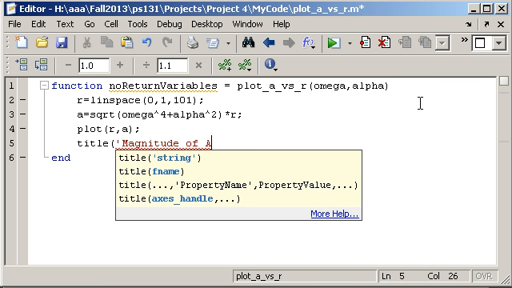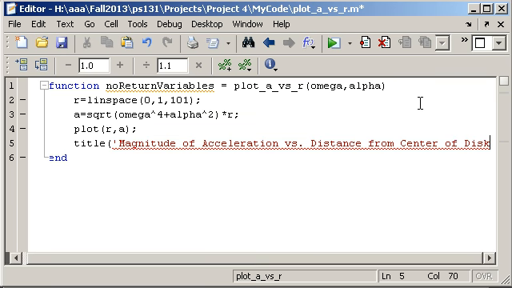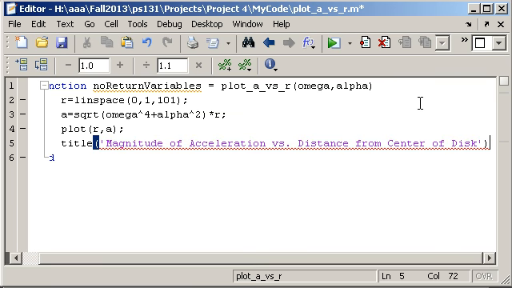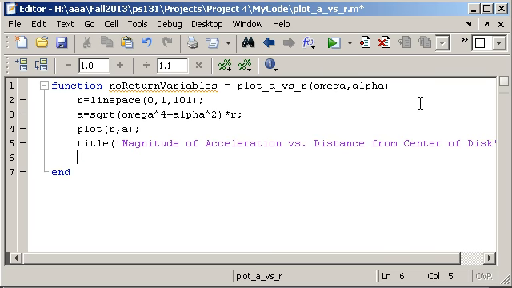I just call it magnitude of acceleration versus distance out from the center. I think I'll try it like that. If that proves to be too long, we'll change it. And then X label.